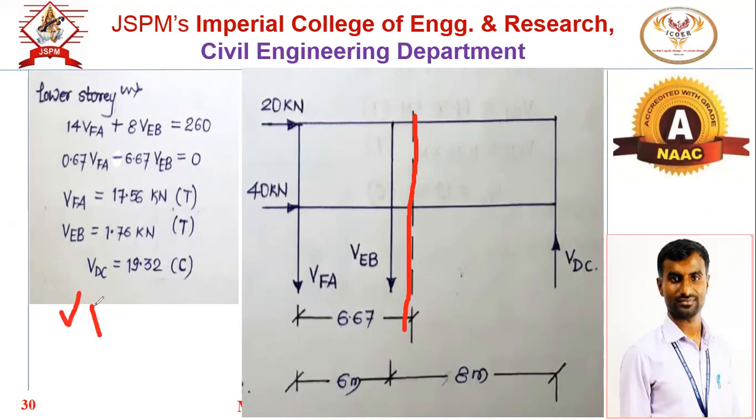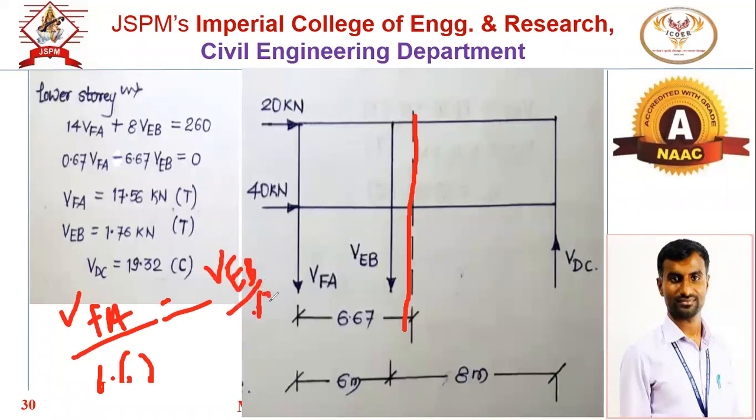So what else will change? Here VFA, first column, divided by 6.67 is equal to the second axial force VEB divided by 0.67, is equal to VDC divided by 7.33. So just the name of the column will change for the axial force. Distances are going to remain the same.